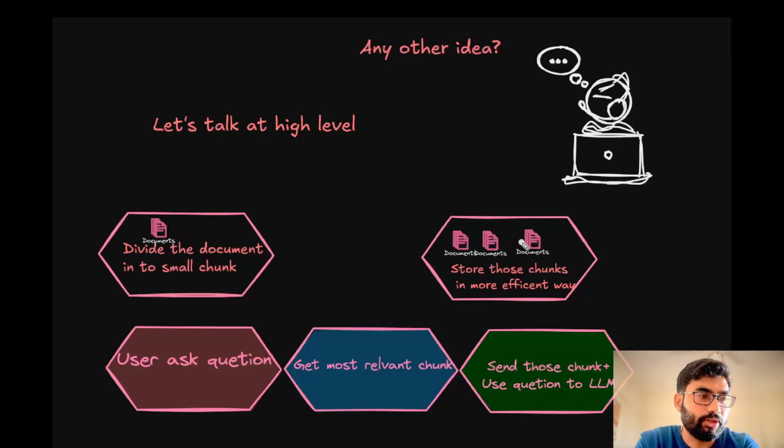For these embeddings we discussed a special type of database, which is the vector database, right? That first process is called data ingestion, right? So this is a one-time process and we will do it hands-on, step by step. And then the user asks the question, then we get the most relevant chunks, and then we send those chunks and the question to the LLM. So this is what we have discussed.